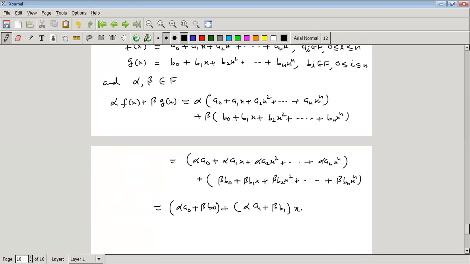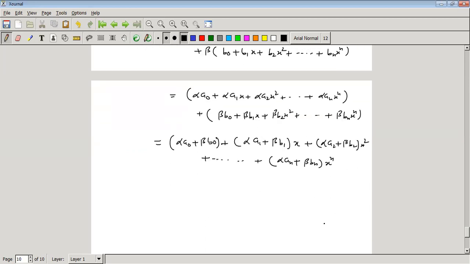We can take x common, alpha a2 plus beta b2 x square plus ... plus alpha an plus beta bn x raised to power n.